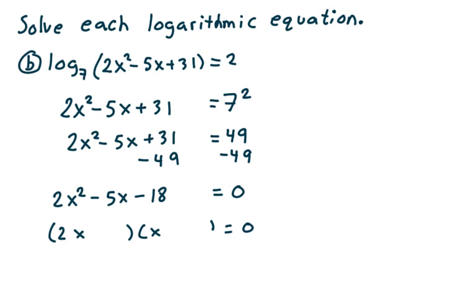And what are the factors of 18? Remember, 18 can equal 2 times 9, right? So can I have minus 9 here and plus 2 over here? In fact, that's what it's going to be. So 2x minus 9 equals 0, or x plus 2 is 0.